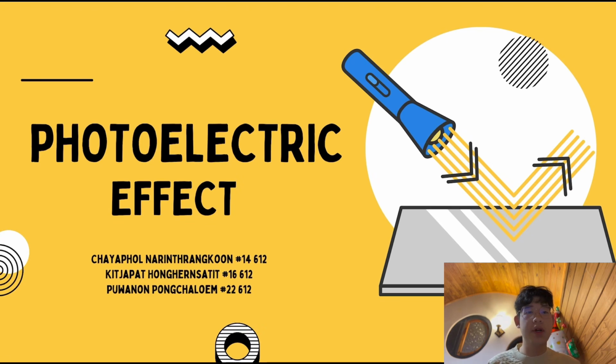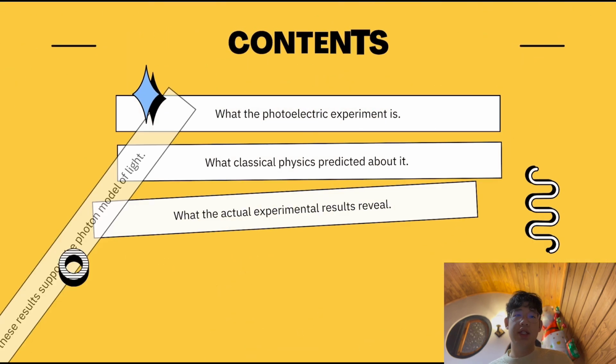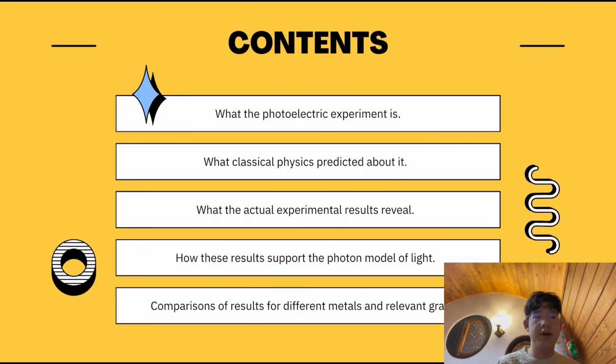So welcome to our presentation, and in this video we will be presenting about the photoelectric effect. We will be explaining what the photoelectric effect is and what classical physics predicted about it. Third is what the actual experiment results revealed to us, and fourth is how these results support the photon model of light.